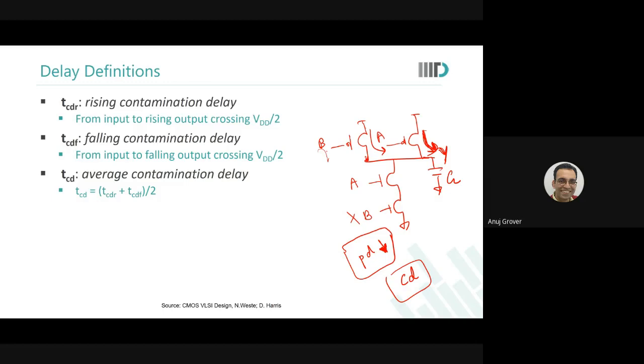You understand that an input came and you propagated it to Y. Why is this called contamination delay? Because if you understand the name, you will understand where it is important. Otherwise, I will tell you where it is important, and then you can obviously make out why this is called contamination delay. Sir, maybe it is like one input is getting contaminated due to the other input suddenly changing together with it.